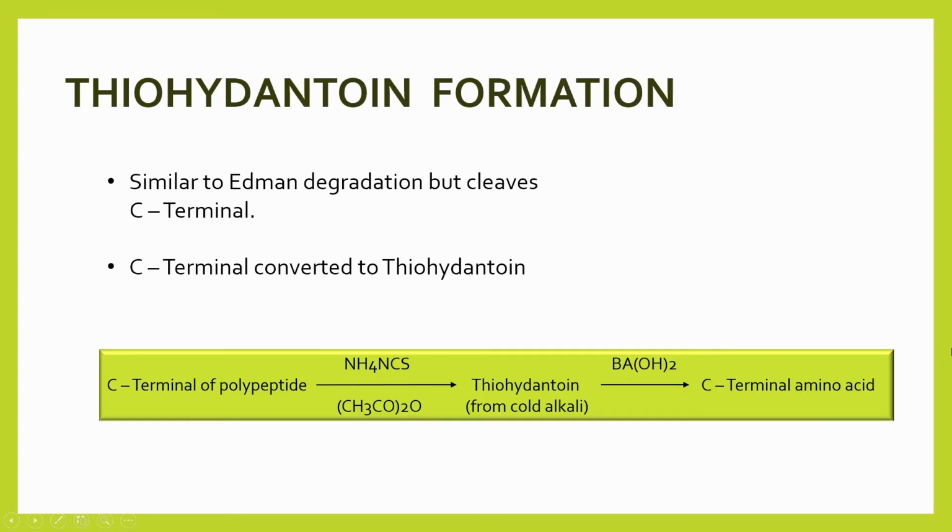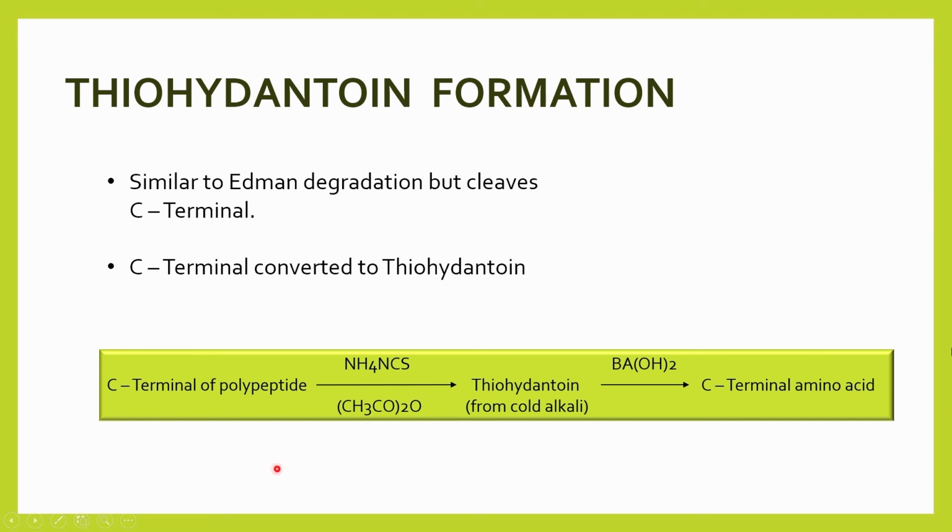tripeptide. Another method to identify if the end group of a polypeptide chain has a free C-terminal is a method called thiohydantoin formation. This is very similar to Edman degradation, but with the difference that instead of cleaving the N-terminal, it cleaves the C-terminal of a polypeptide chain.